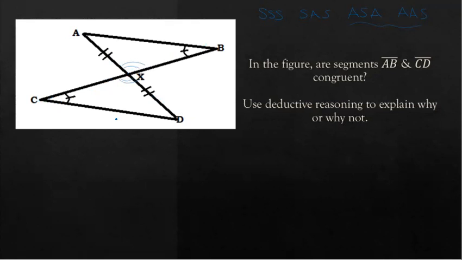So with vertical angles, the given congruent angles and the given congruent sides, we can use angle, angle, side, this angle, the middle angle, and the side to prove that they are congruent. So angle, angle, side, after we say that these two vertical angles are congruent.